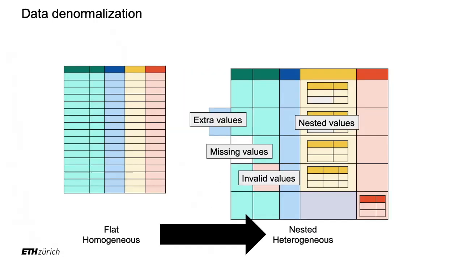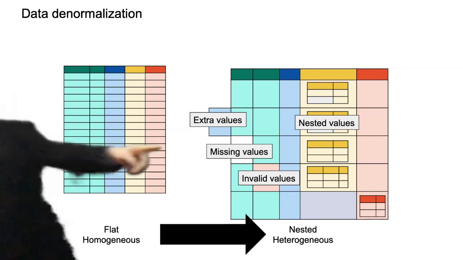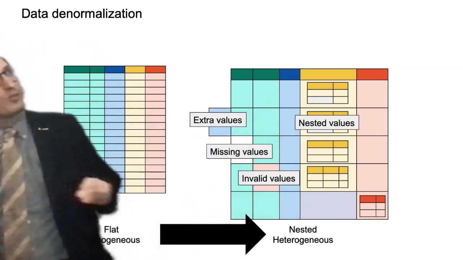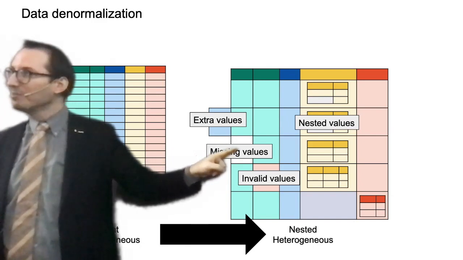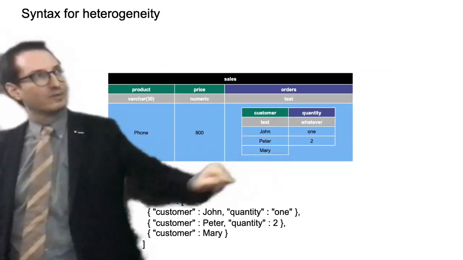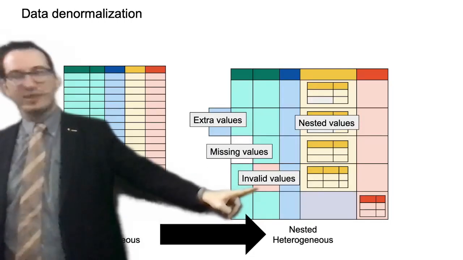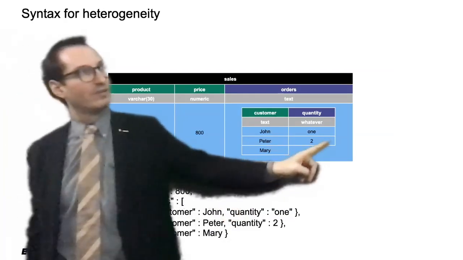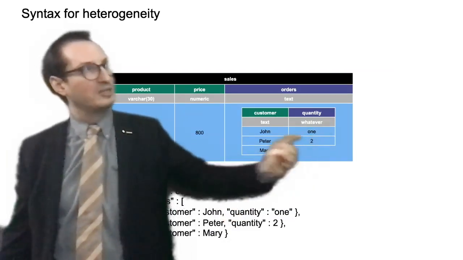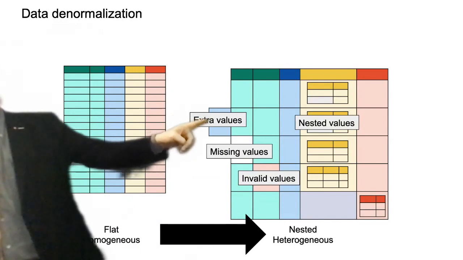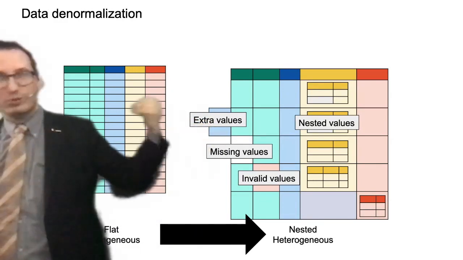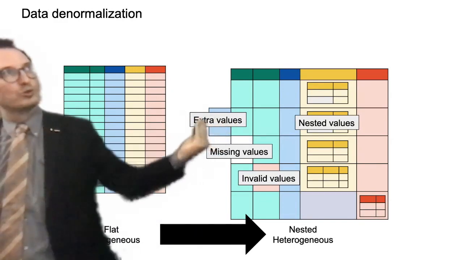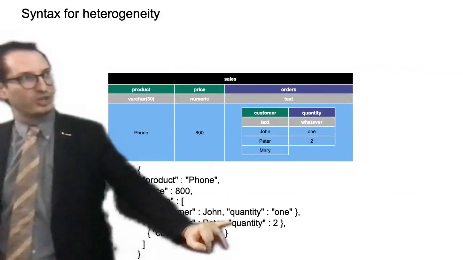So if you look at all the things you can break: you can break things by putting tables in tables in tables in tables, nested values. You can break things by omitting cells, missing values. This is what we did here. You can break things with invalid values, meaning that you can have here text that wouldn't be an integer. You can break things with extra values, which I didn't do in the previous example, but you can also add extra values, and in JSON, it's easy.